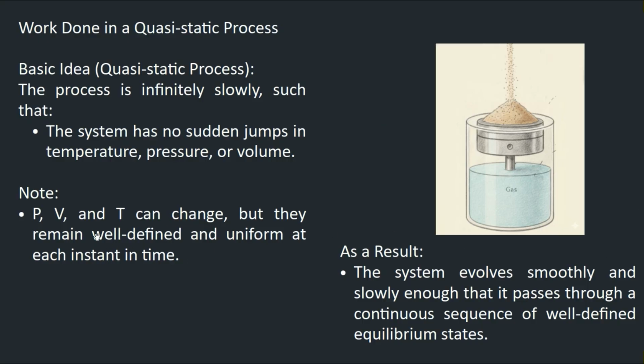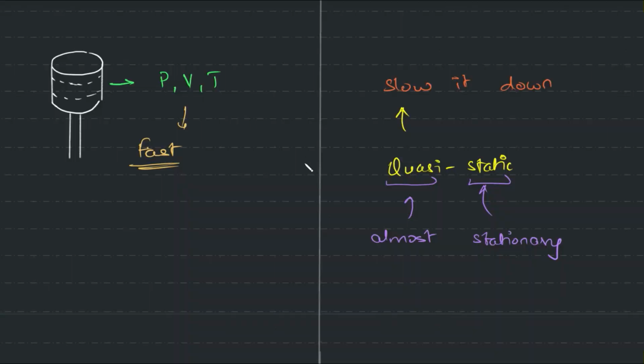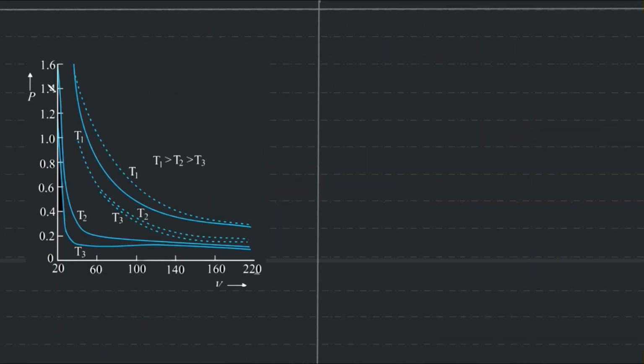It's a good picture. So pressure, volume and temperature can change, but they remain well defined and uniform at each instance in time. So we know what is happening exactly. As a result, the system evolves smoothly and slowly enough that it passes through a continuous sequence of well-defined equilibrium states. So theoretically we understand it and we are able to draw this.